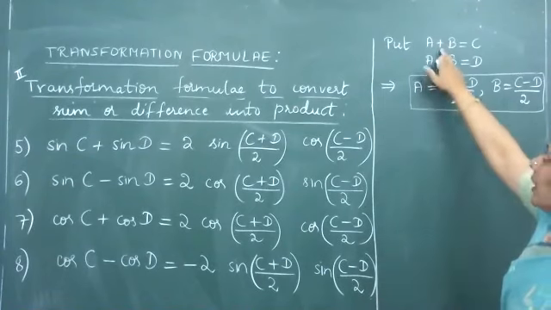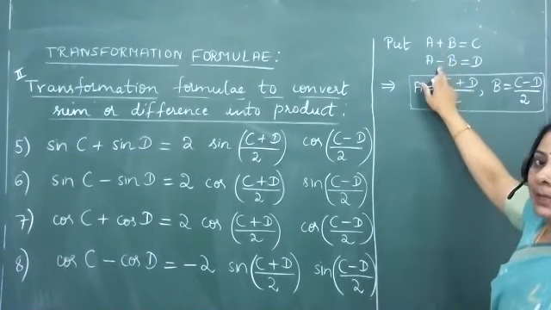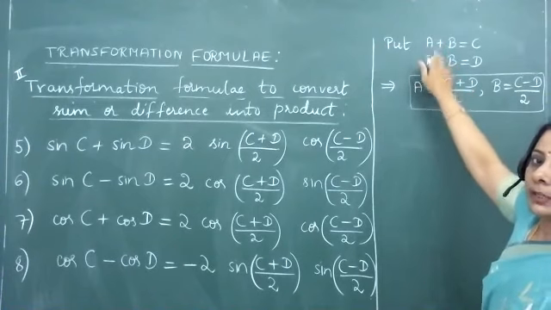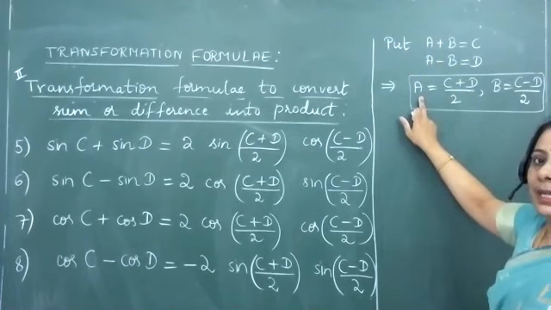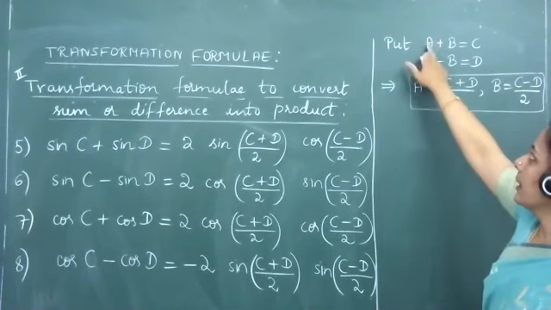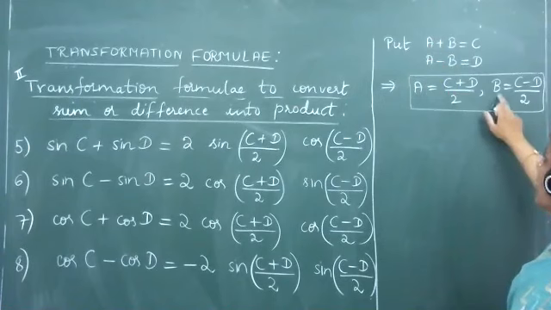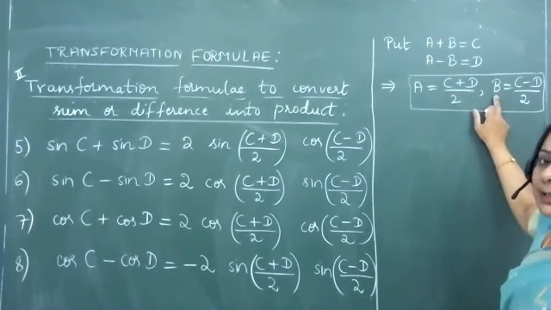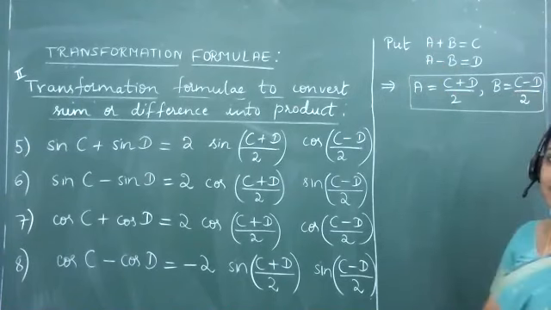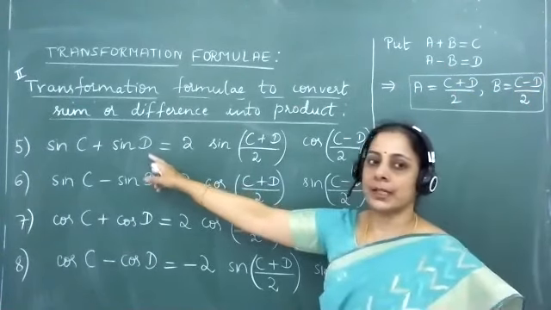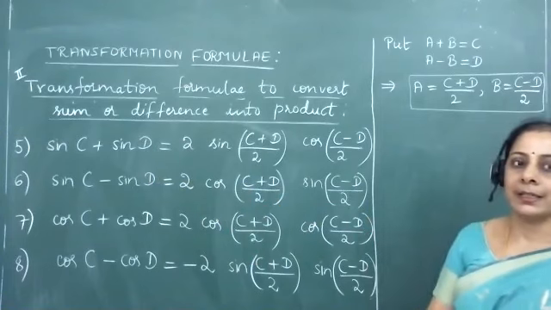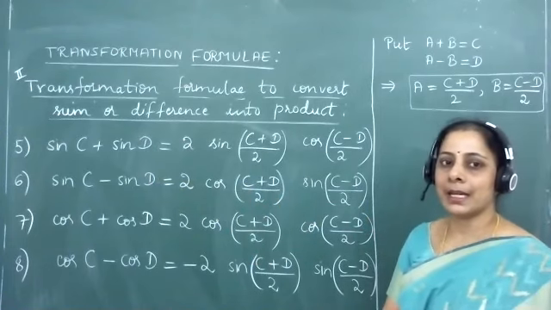When you add the two equations, it gives you A equal to C plus D divided by 2. When you subtract the two equations, it gives the value for angle B equal to C minus D whole divided by 2.